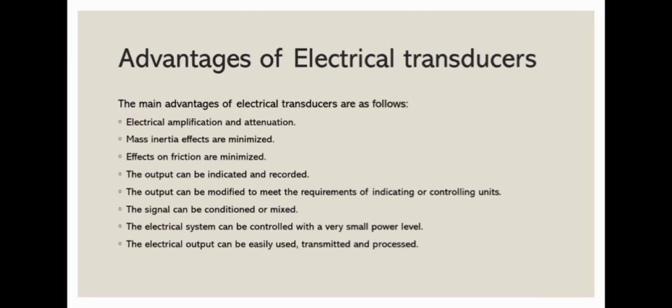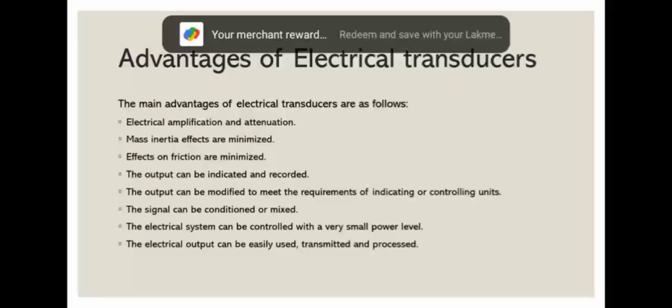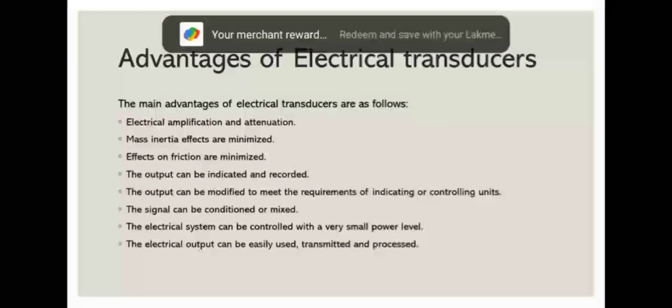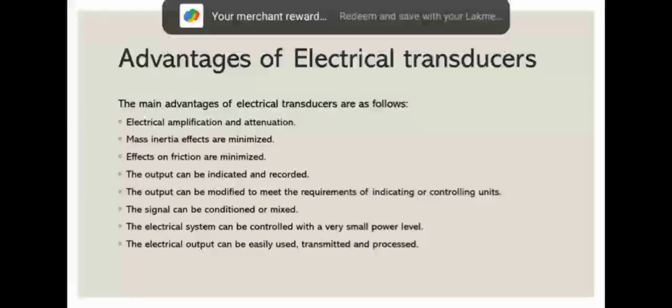The mass inertia effects are minimized. The effects of friction are minimized. The output can be indicated and recorded remotely at a distance from the sensing medium. The output can be modified to meet the requirements of the indicating or controlling units.